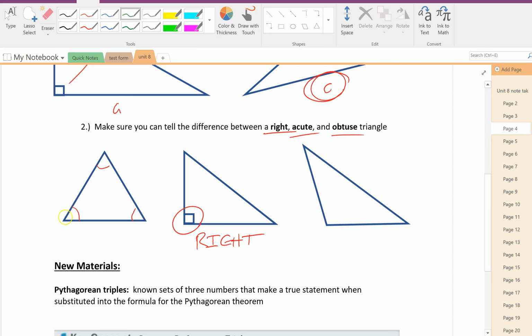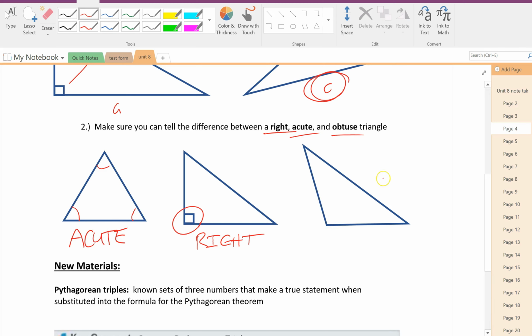If I look at this one down here, if that angle was 90, the other side would have to be something like this green line that I've drawn right there. But since it's smaller than that, that's not 90. This angle right here, if I wanted it to be 90, the other side would have to be something like this, but it's less than that, so that one's less than 90. Same thing down here, and so this triangle all the way on the left is my acute triangle.